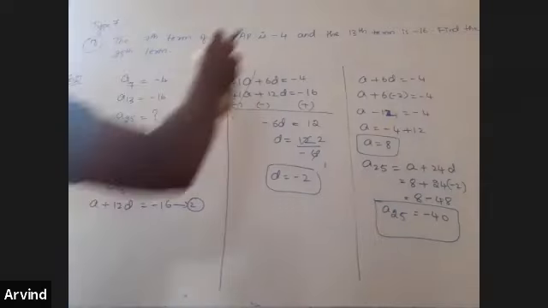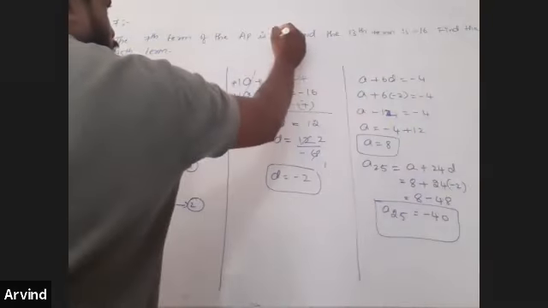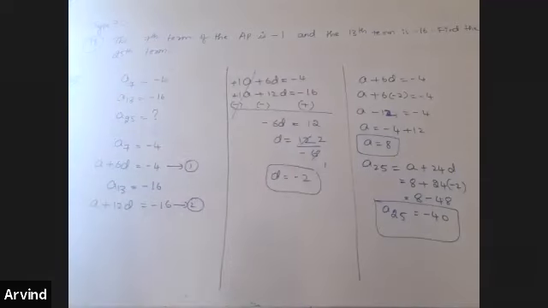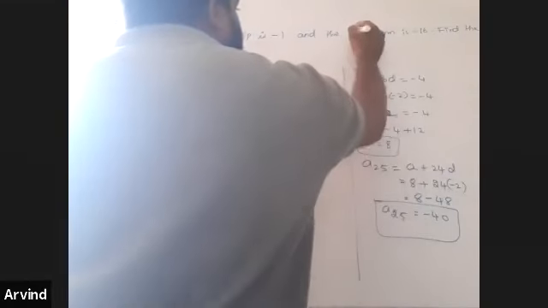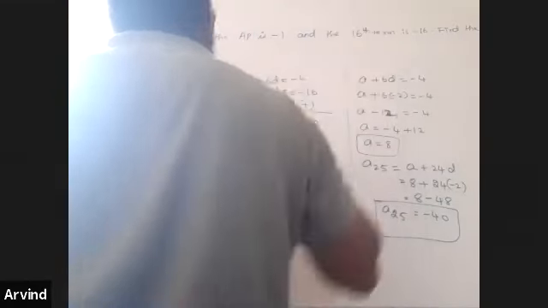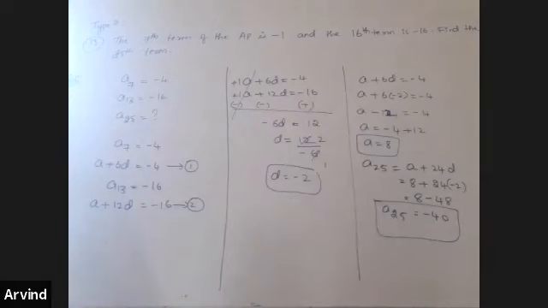The 7th term is minus 1. And the 16th term is 17.